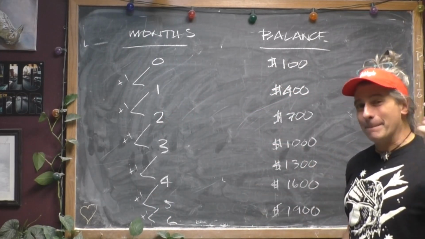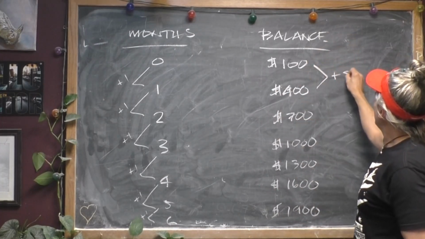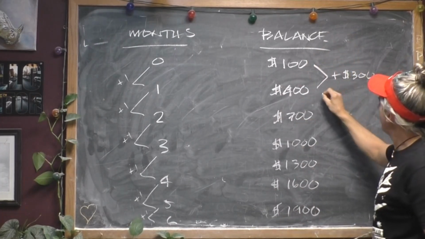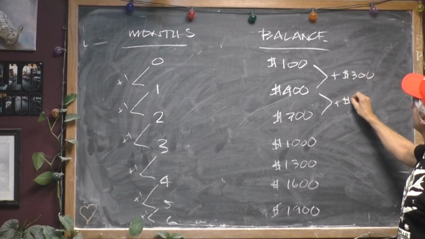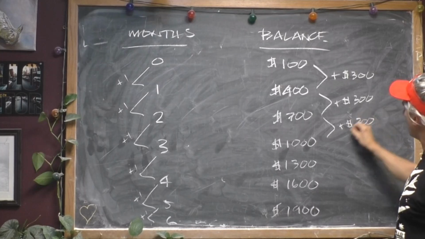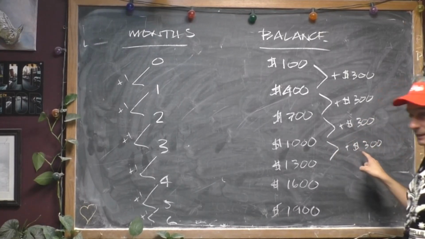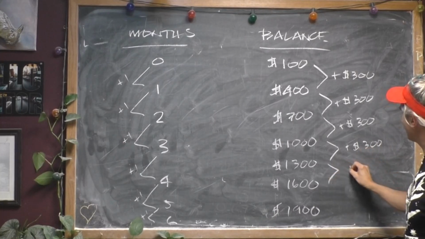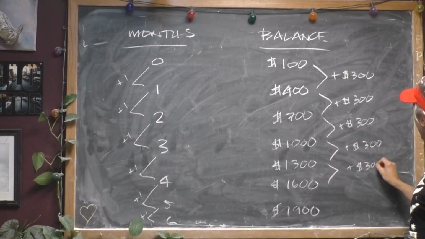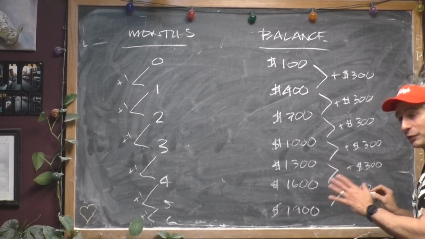It's that combined with the jumping that's happening over here. Plus $300, plus $300, plus $300, and so forth, all the way down. So it's both of these things together. Plus $300, plus $300. It's both of those things taken together.